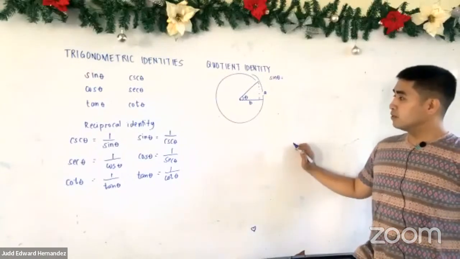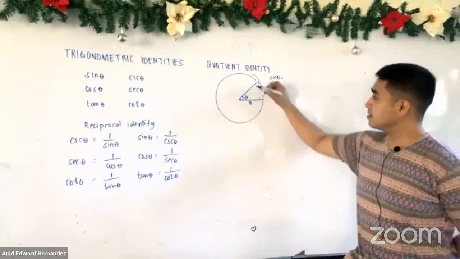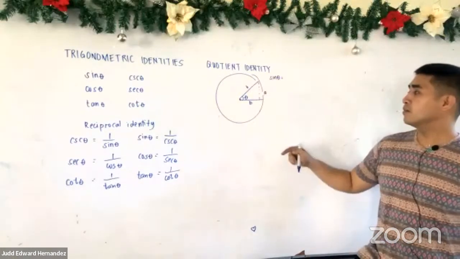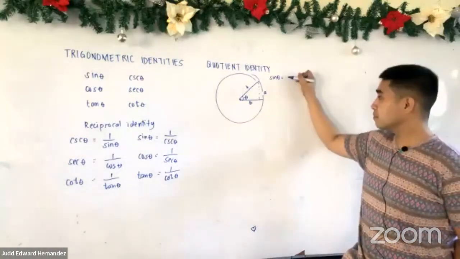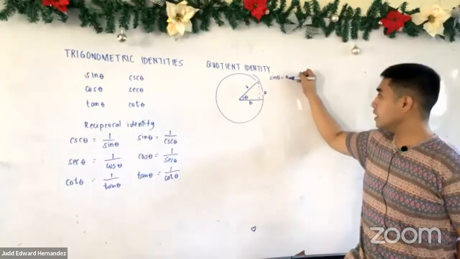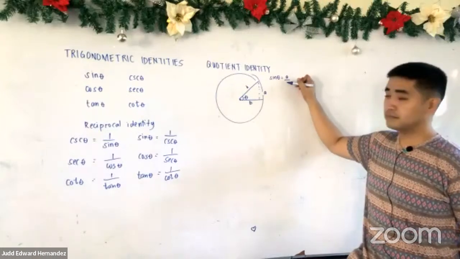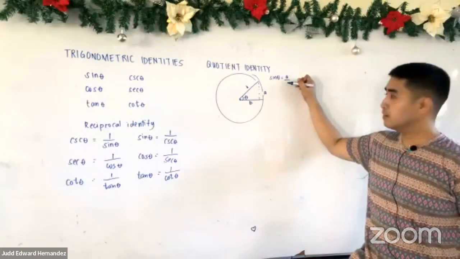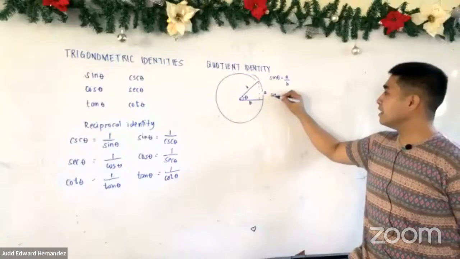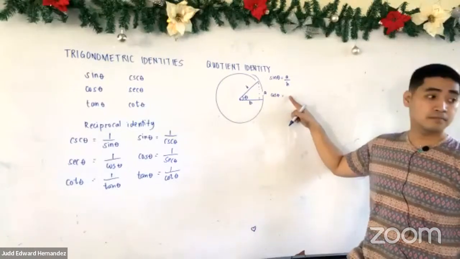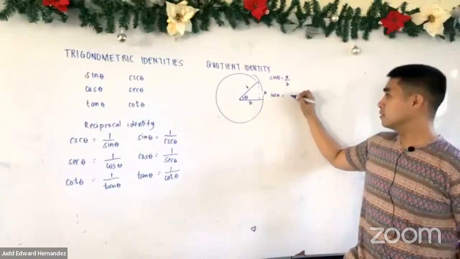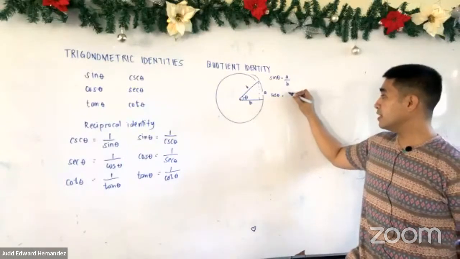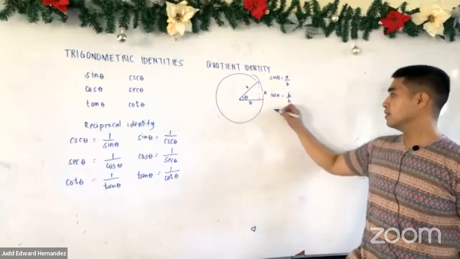Okay. So, in this case, sabihin natin this is H. Okay. So, opposite. What is our opposite side? A po. A over H. Okay. Cosine theta, adjacent over hypotenuse, so that is B over H.